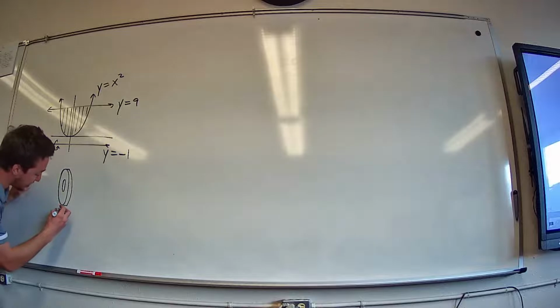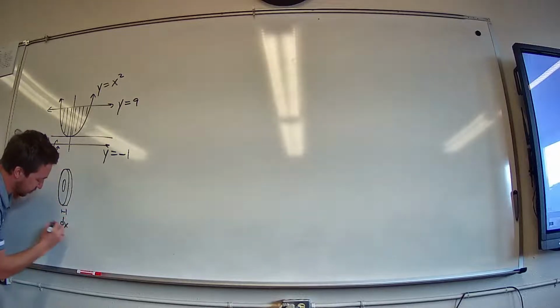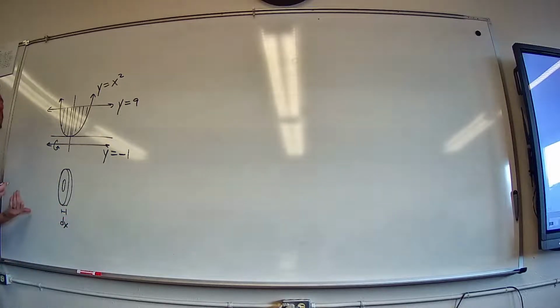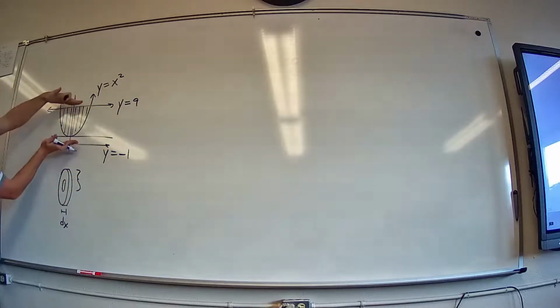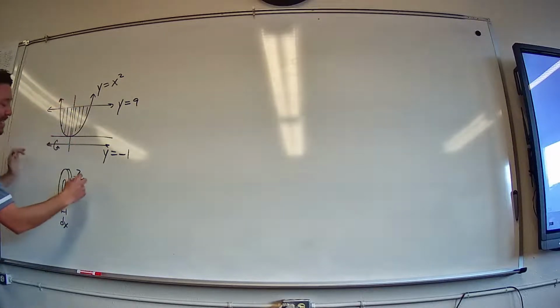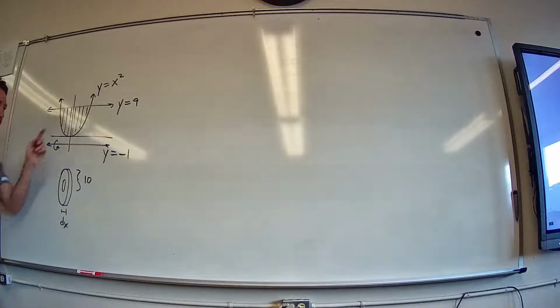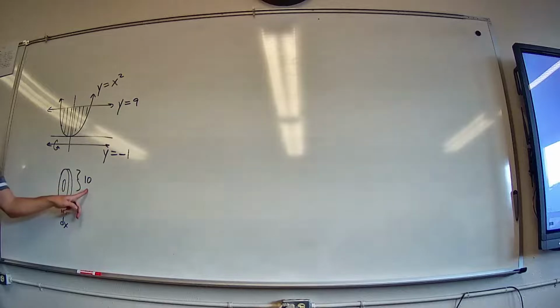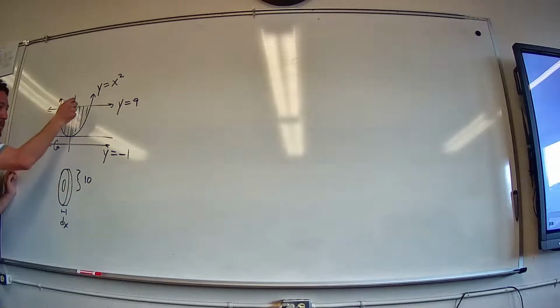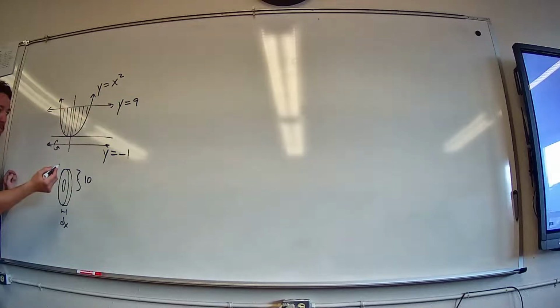So anyway, the thickness is dx. What's the outer radius? The tall one. 10. 9 minus -1 is 10. Every single one of these points is the same distance away from the axis.